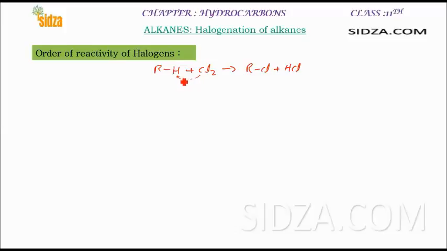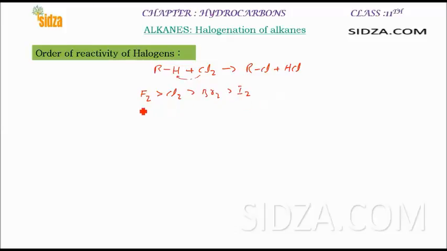Now we will learn about the reactivity of the halogen molecules towards a particular alkane. The reactivity of the different halogens towards a particular alkane in this reaction follows: fluorine the most reactive, then chlorine, then bromine, then the iodine molecule.